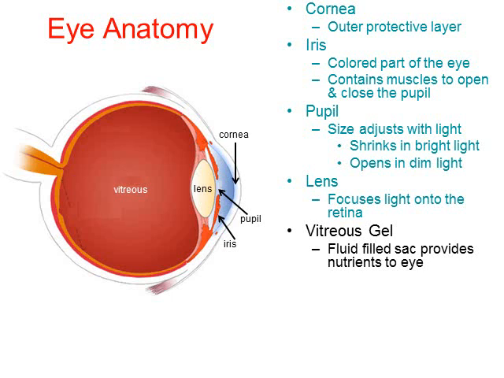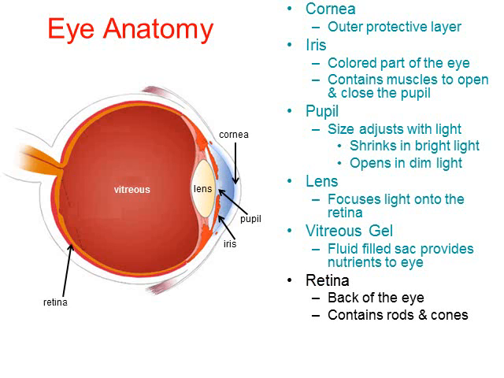And this is called the vitreous gel. The vitreous gel is also clear, so light can pass through it. If the vitreous gel were all cloudy, that would impair your vision.